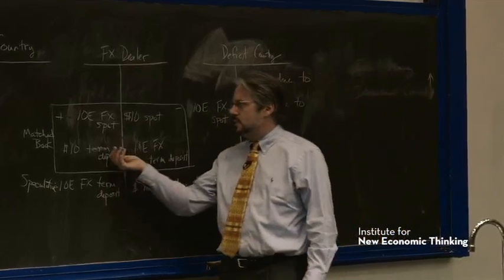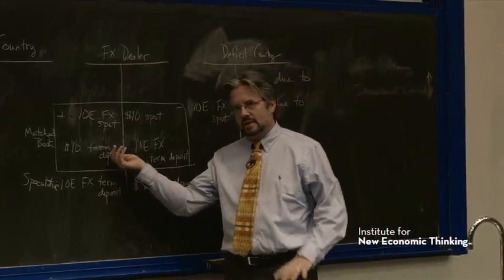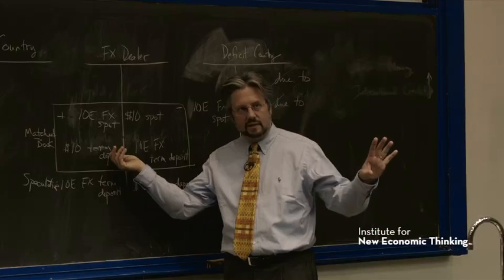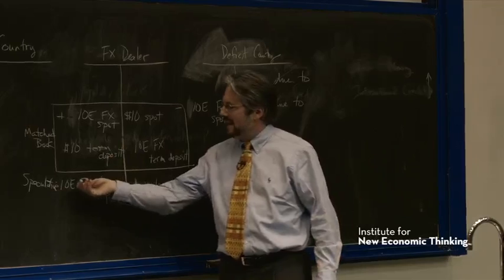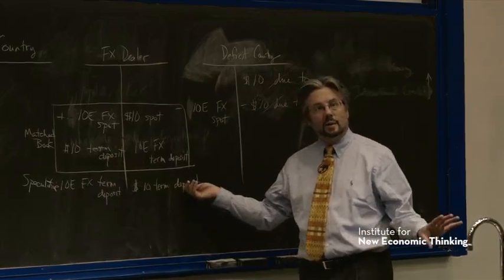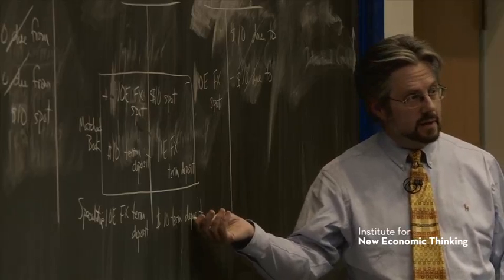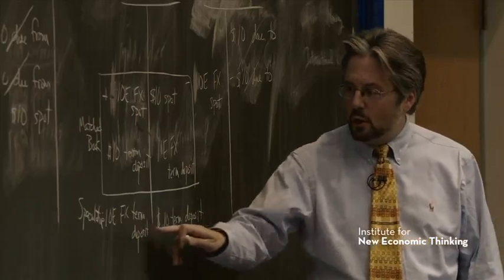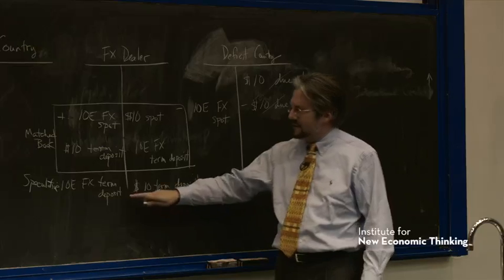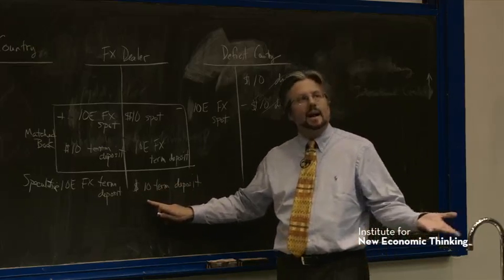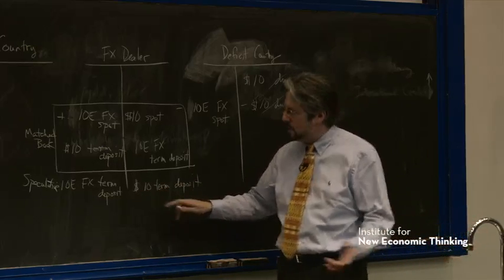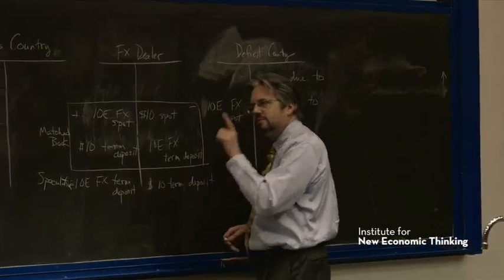There's a matched book dealer who's not taking foreign exchange risk. They're taking another kind of risk, as we'll see later on, not today. And here's the speculative dealer who we kind of recognize from our trader model. Here's somebody who's taking foreign exchange risk and has to be compensated for that, and they're exposed to the forward rate.